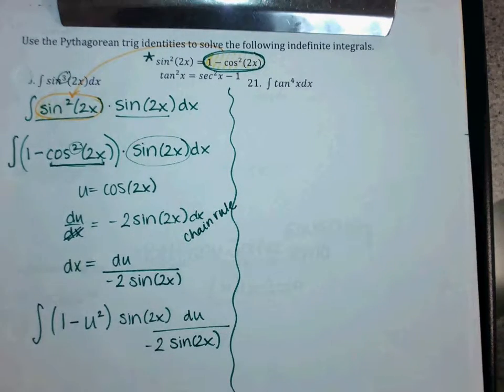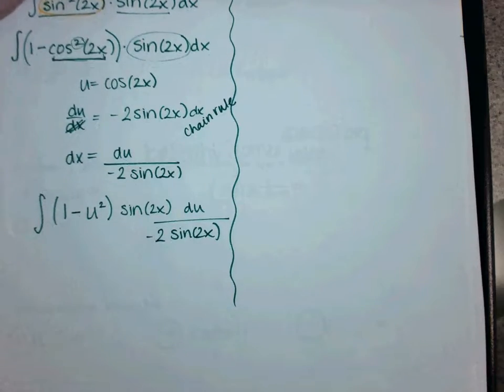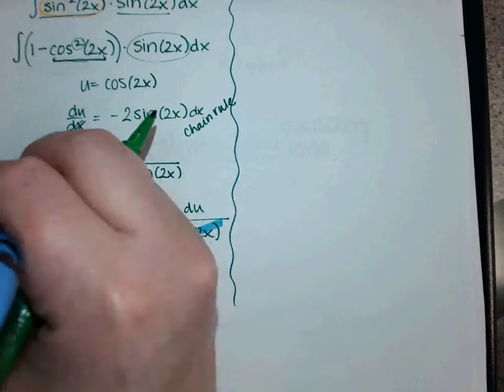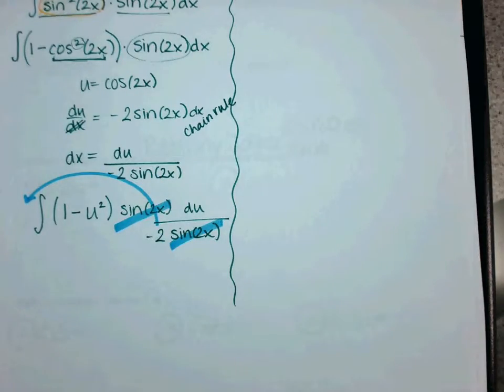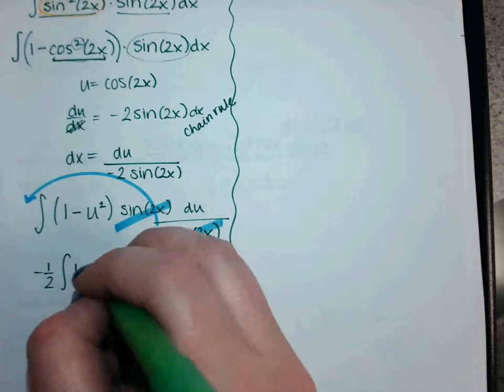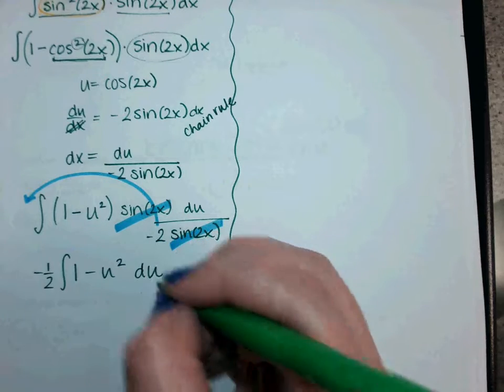Okay? Then from there, I notice that I have a sine 2x on top and a sine 2x on bottom. Those can cross out. But this extra negative 2 is going to have to move to the outside. So really now I have negative 1/2 times the integral of 1 minus u squared du.